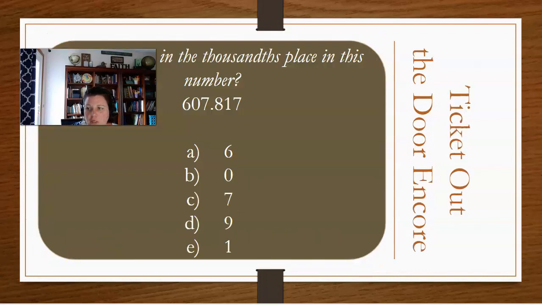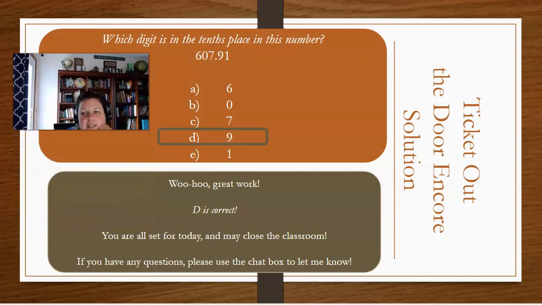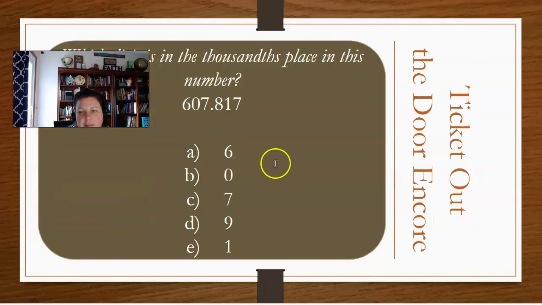Let's have one more ticket out the door encore. Which digit is in the thousandths place in this number? 671 and 817 thousandths. Which number is in the thousandths place? If you said B, that is not quite correct.